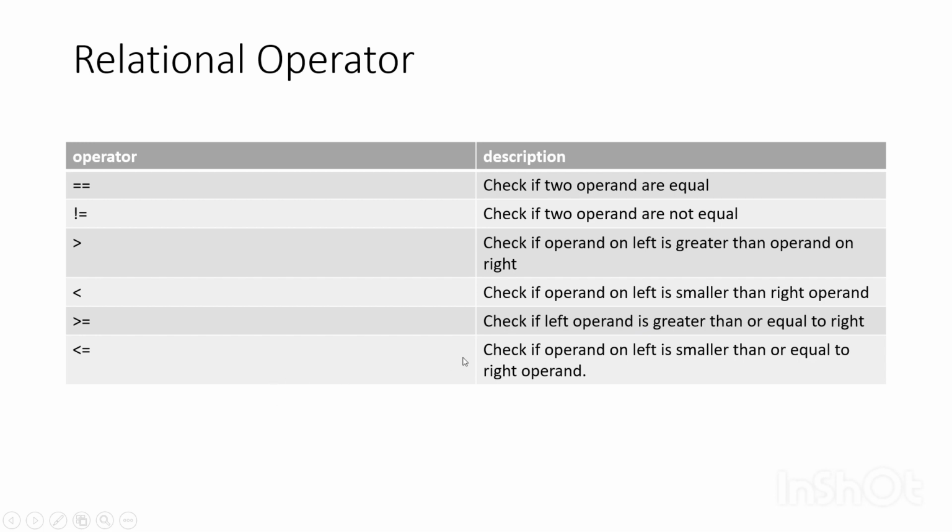It checks if the operand on the left is smaller than or equal to the right operand. These are really simple operators. When we use them in a real-time program, we will learn and understand them in a better way.